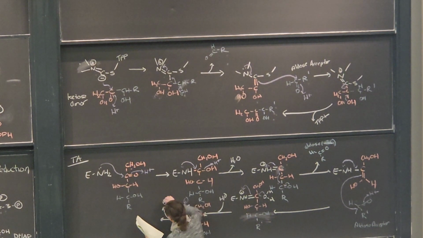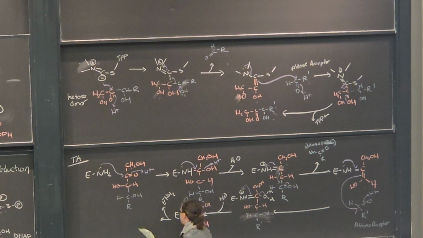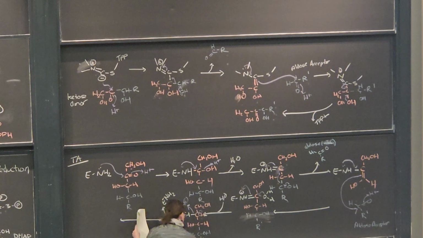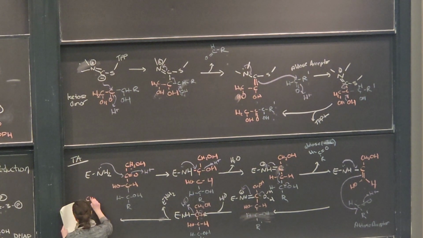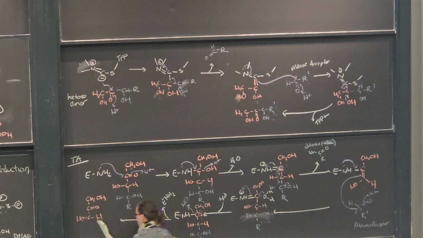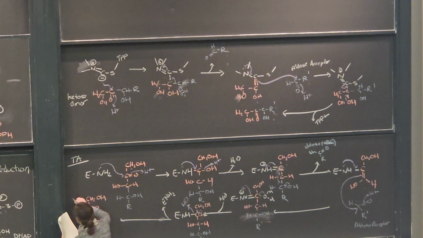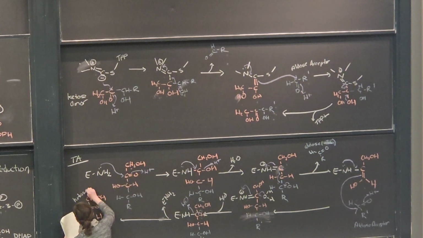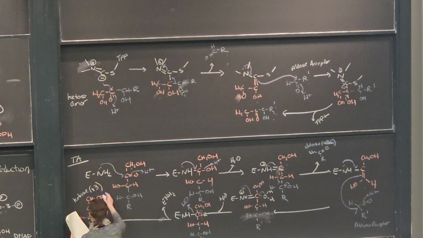So the enzyme with that lysine has now been regenerated, and we end up with the following ketose that's 3 carbons longer. So this is a ketose that's 3 carbons longer.